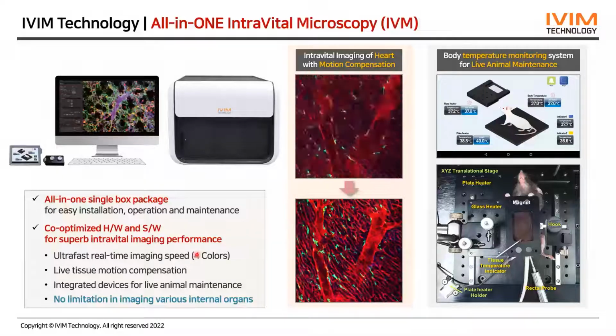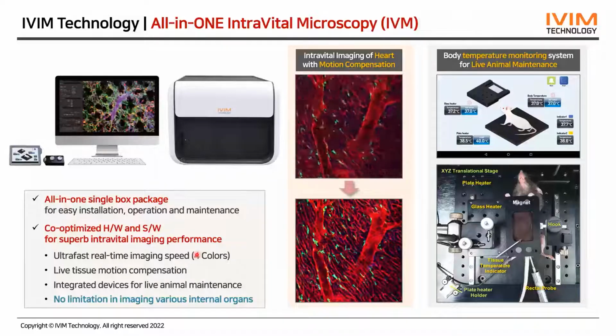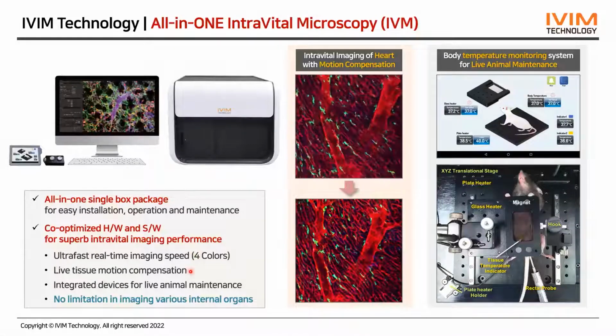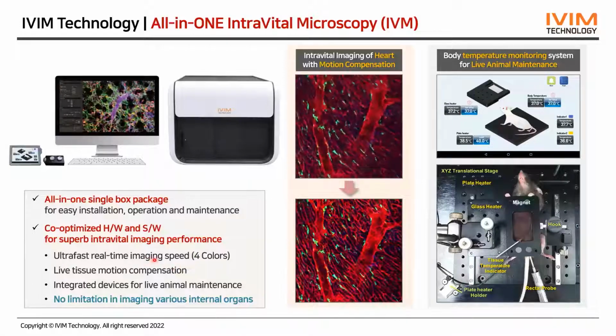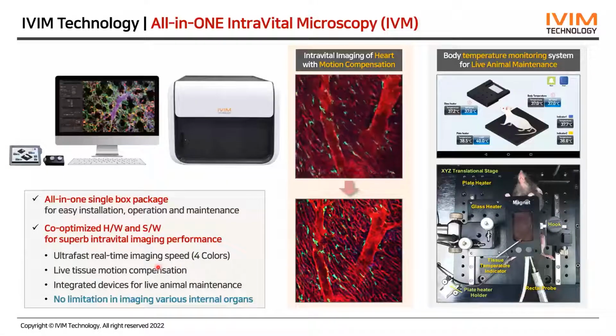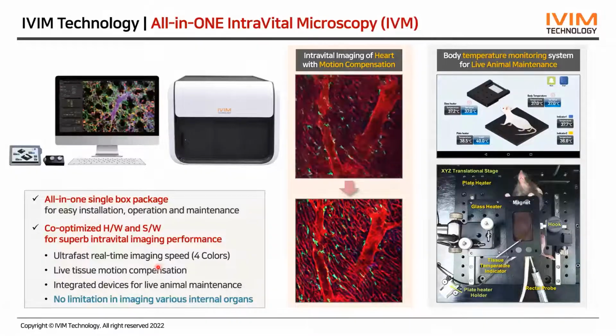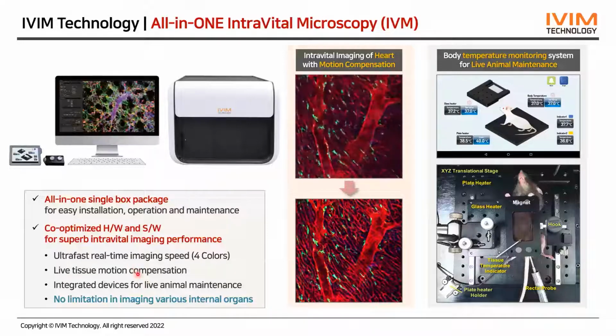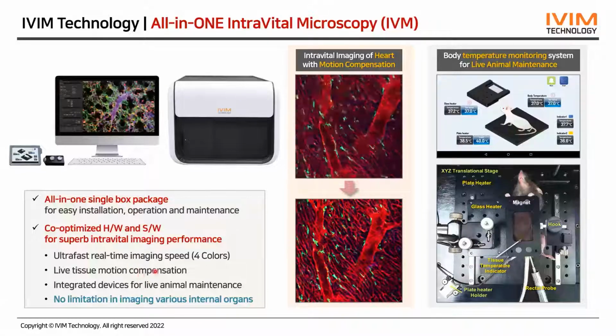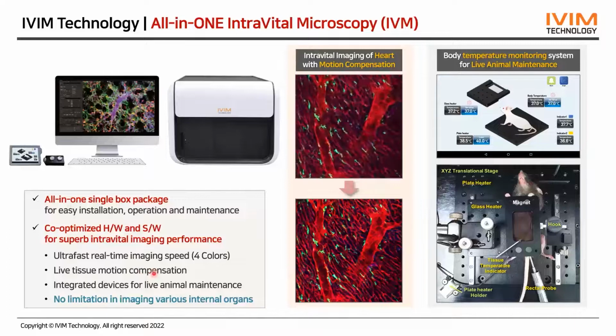Thereby, we can even capture fast dynamics, such as red blood cells flowing inside of the blood vessels. And together with the automatic motion compensation function, we can compensate for the vital movement of the target organ in the live animal. Thereby, we can get high quality in vivo images instantly in the IVIM Studio software.